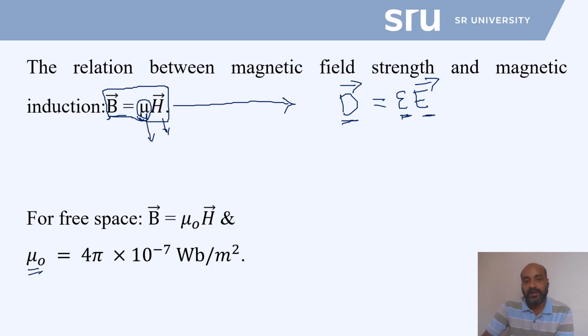In free space, the permeability is 4 pi into 10 to the power of minus 7 Weber per meter square. This is constant in free space.